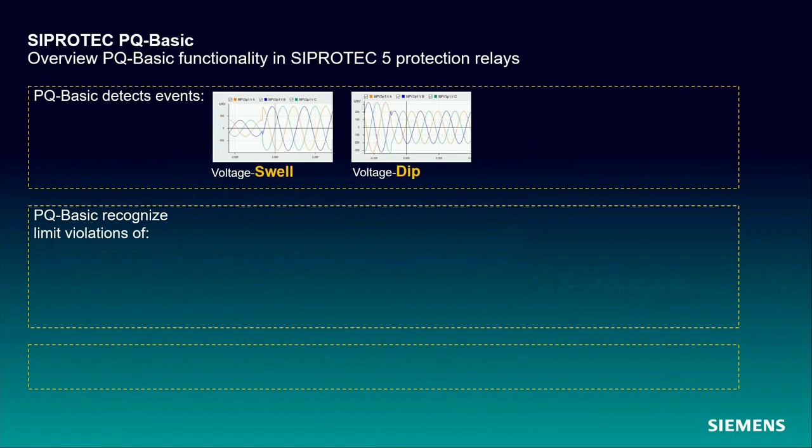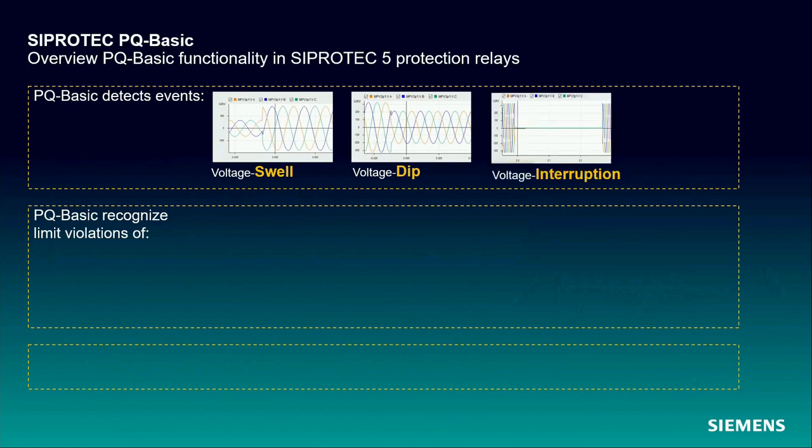The second event type is the voltage dip. Here a lower limit is the indication for the dip classification. And the third one is the voltage interruption, meaning the voltage signal drops below a parameterized percentage value in relation to the given nominal voltage level.